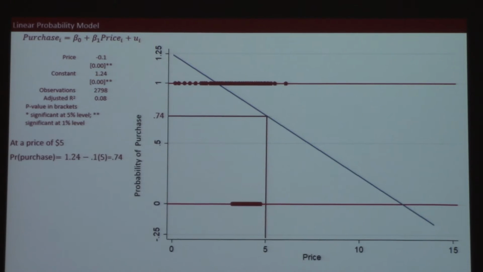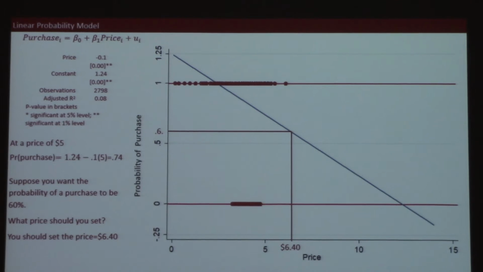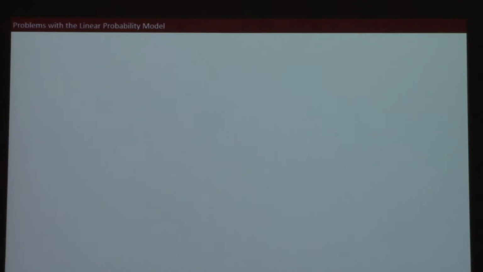We can use the same equation: take the coefficients, plug them in, and get a probability of purchase of 74%. These are the same kinds of questions we answered with regular demand curves. If you wanted a 60% probability of purchase, you can do the same thing: go across, and you set the price at $6.40. So all the things we did with the regular demand curve, we can do with this linear probability demand curve.